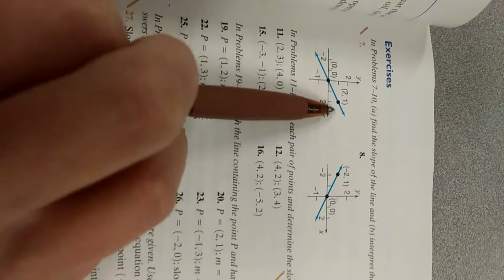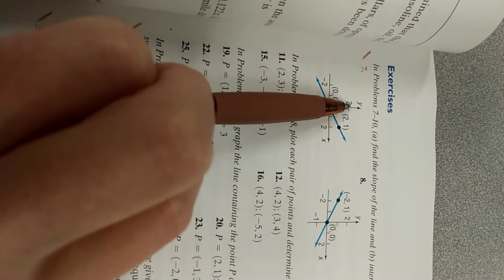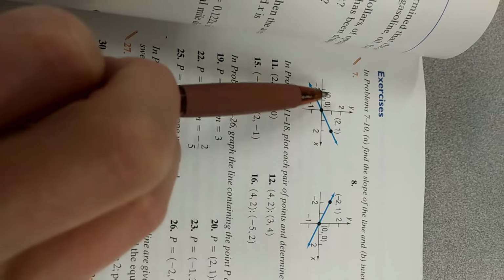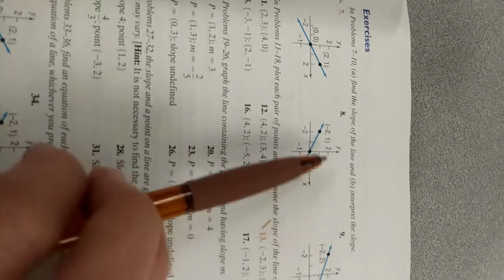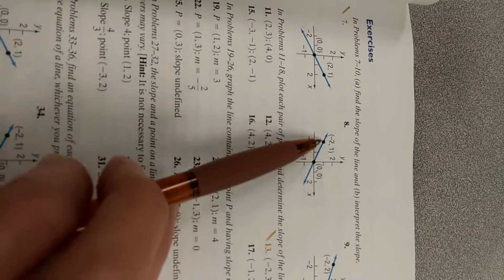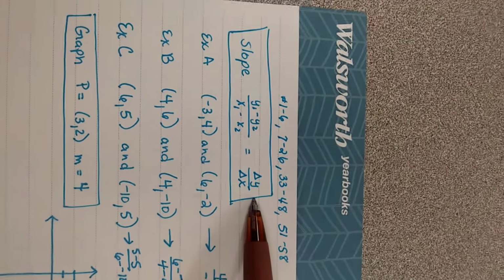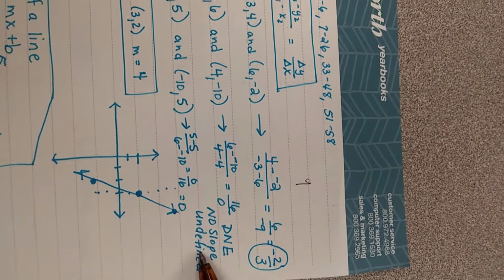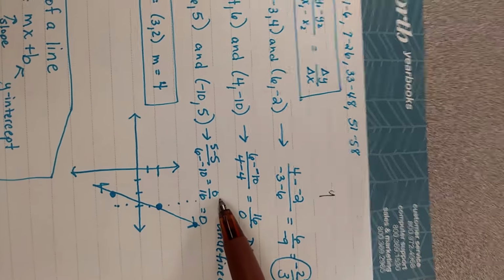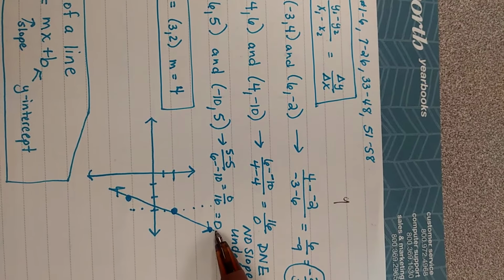And from this point to this point, we would go up 2 over 1. And up 2 over 1 is a slope of 2 over 1. So you can count it, or you can put those two numbers into your slope formula and get it that way. 0 on the bottom means undefined. 0 on the top means a slope of 0.